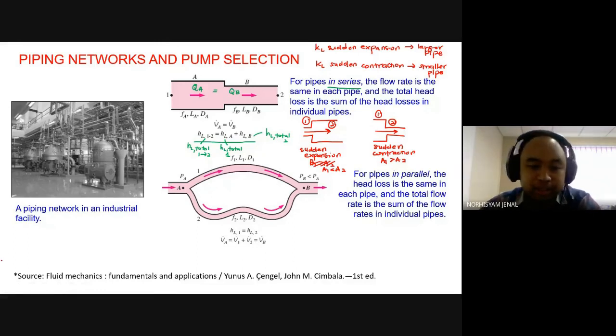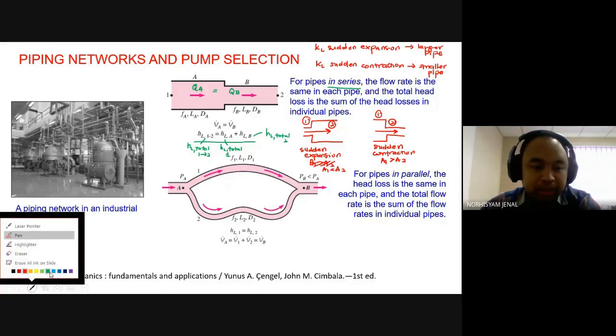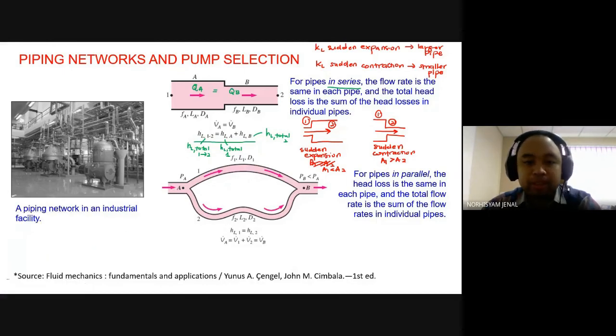Next we'll see the second one. This is what we call parallel. For parallel, one pipe will be separated into multiple branches, and then maybe at the end it will combine again as the same pipe.